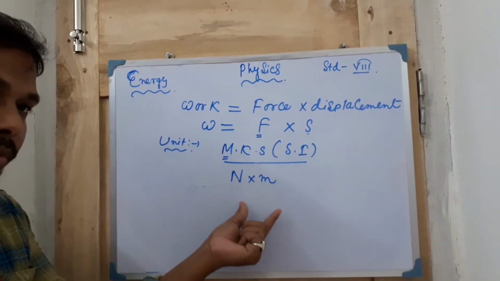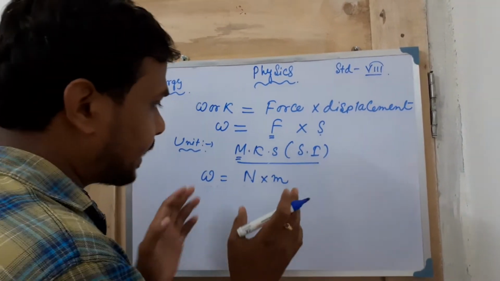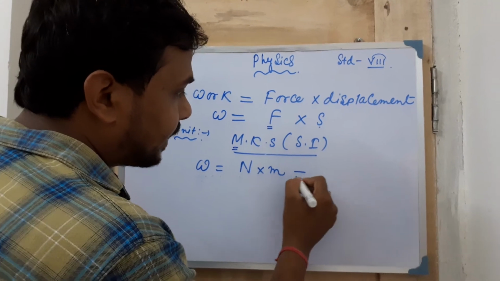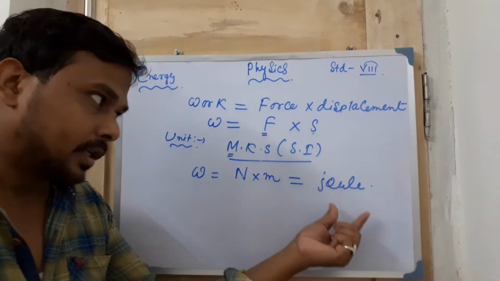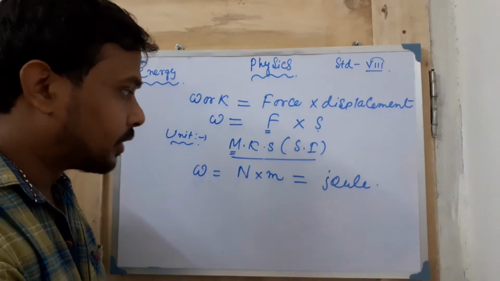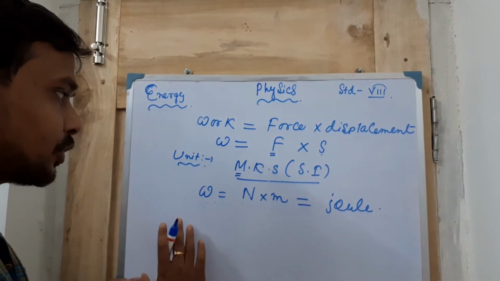So Newton into meter is the unit of work in the MKS system. In a single word, this is called joule. The nickname of Newton meter is joule, in terms of work.